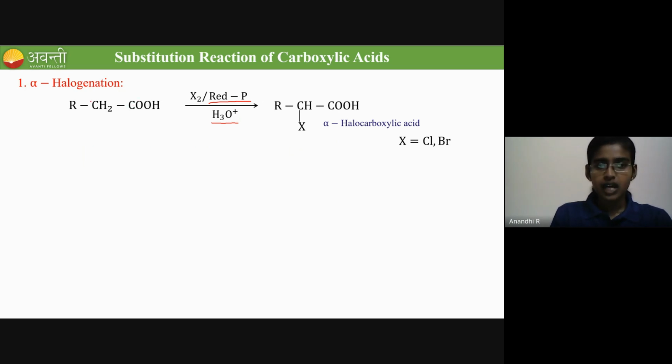The carbon which is attached to the carboxylic carbon is called alpha carbon and these are alpha hydrogens. One of the alpha hydrogens is replaced by the halogen which we are taking. If you are taking chlorine, it is replaced by Cl. Since the alpha hydrogens are replaced, it is called alpha halo carboxylic acid.